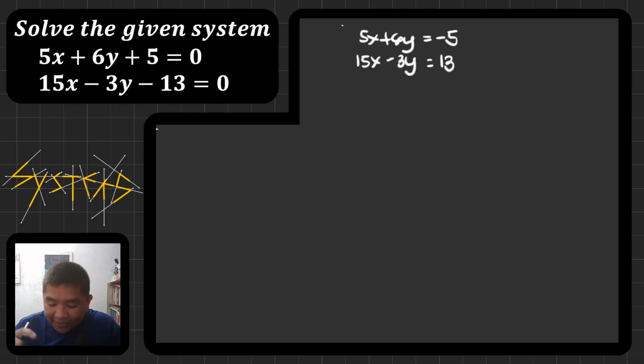But since I see here already minus 3y, which is already negative, I will not be multiplying a negative integer, but a positive. So it's easier, especially for some of us who are struggling with negative integers. I'll be multiplying the second equation by positive 2. So 2 times negative 3y is negative 6y. Again, you can even remove x here.